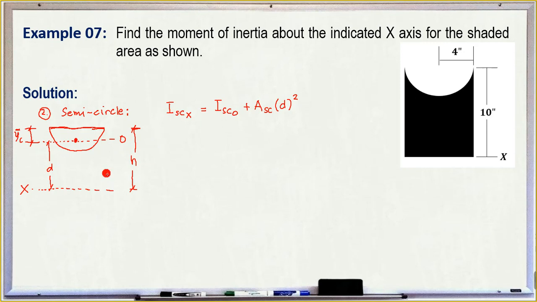Now, unsa may moment of inertia of this semicircle along the centroid? Unsa kaha? Now, we have a generic formula for this one. In some books, the moment of inertia of this semicircle along the centroid is equal to 0.11 r to the fourth.